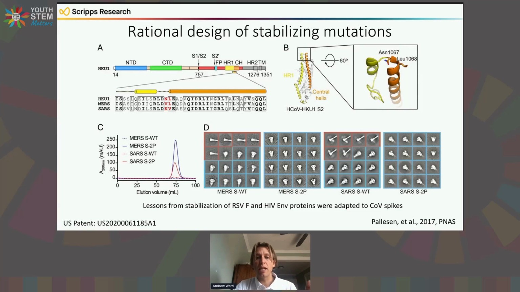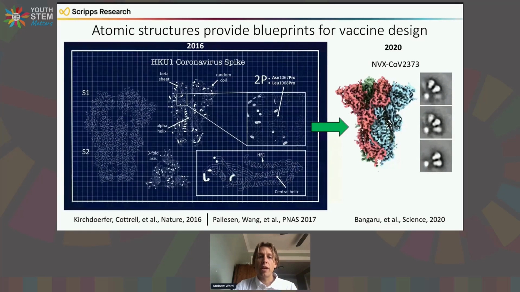And then when the pandemic hit, we had laid out the blueprints through publications, and companies who also appreciated that the spike was going to be the key antigen for delivery started incorporating these mutations into their vaccine platforms. And here I'm showing you this from Novavax. Novavax is one of the next vaccines that will get approved, and we showed structurally that it was beautiful and well behaved.